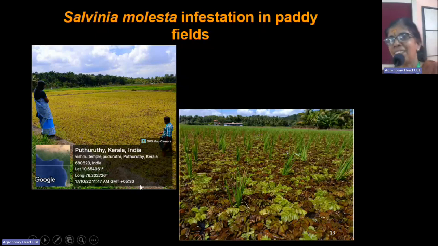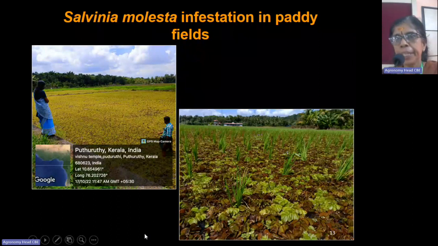That was our research. Herbicides with a label claim in rice were tried for Salvinia control, and we have now screened herbicides for Salvinia control.